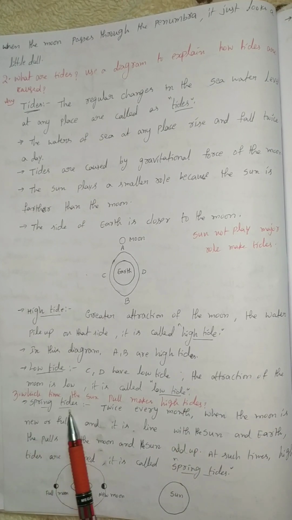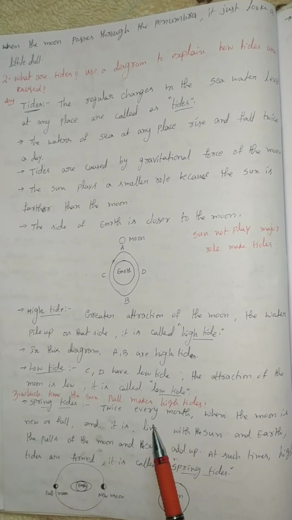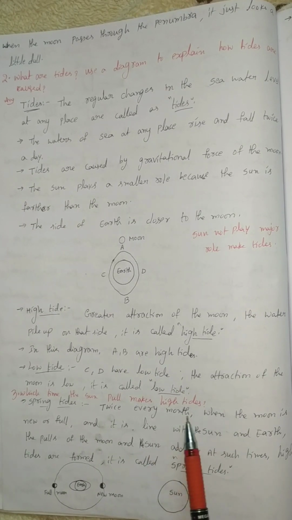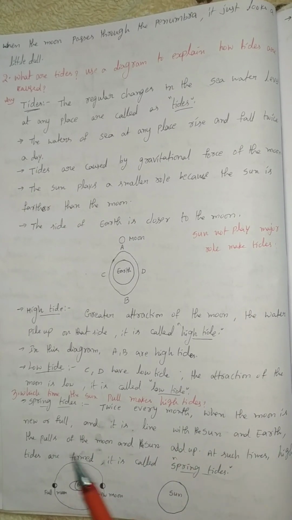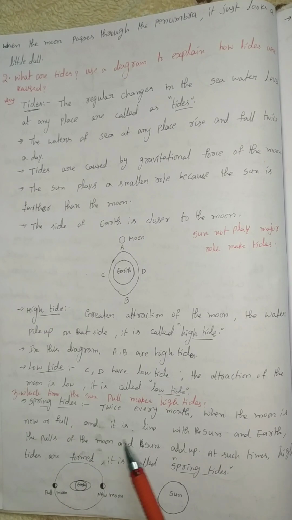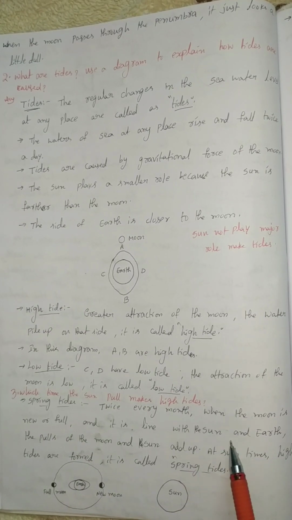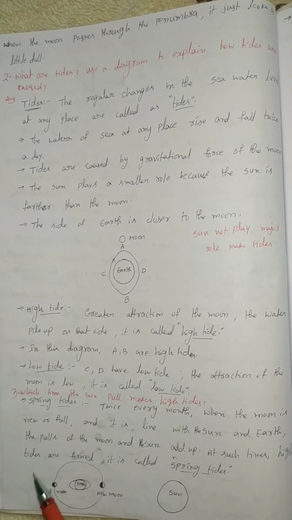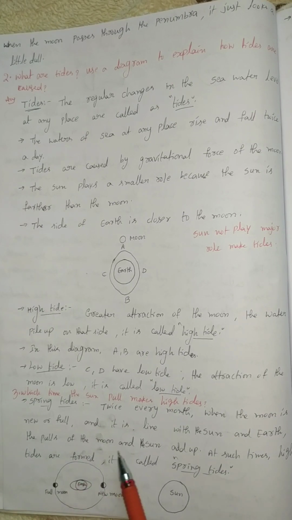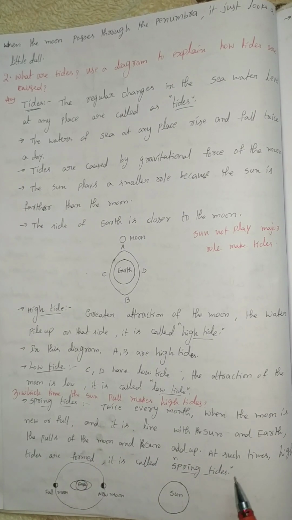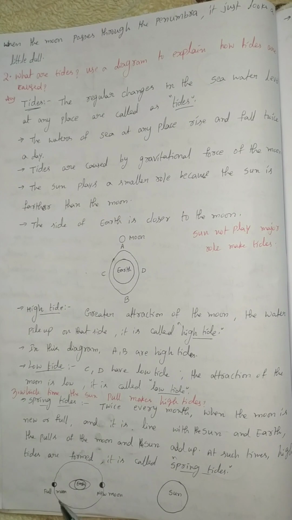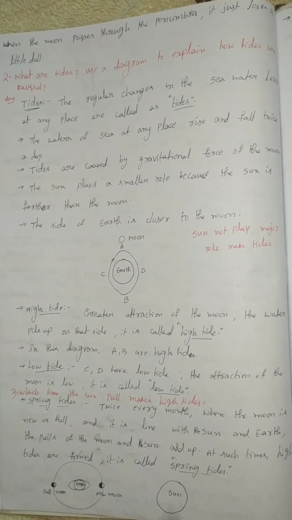This is the spring tides. Twice every month, when the moon is new or full and it is lined up with the sun and earth, the pulls of the moon and the sun add up. So at such a time, high tides are formed. It is called spring tides.